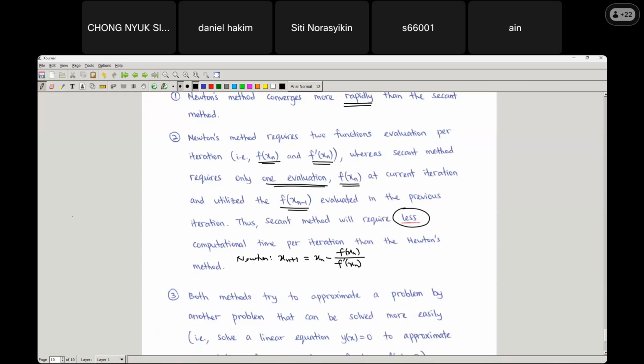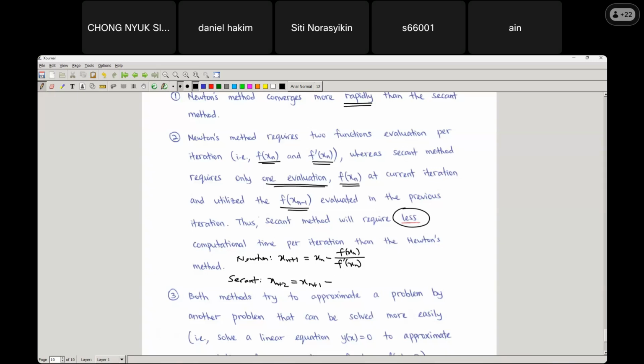Let me find it. Okay, let me double check. Okay, so Newton's method is correct. What about the secant? I can't remember.